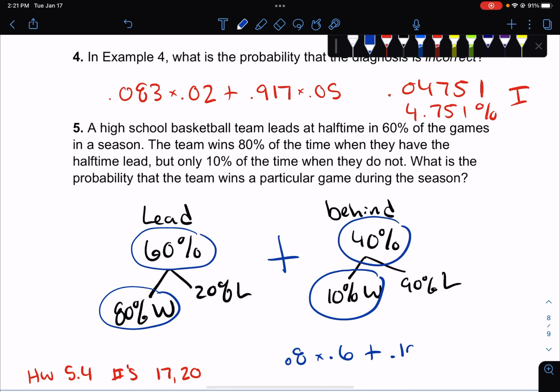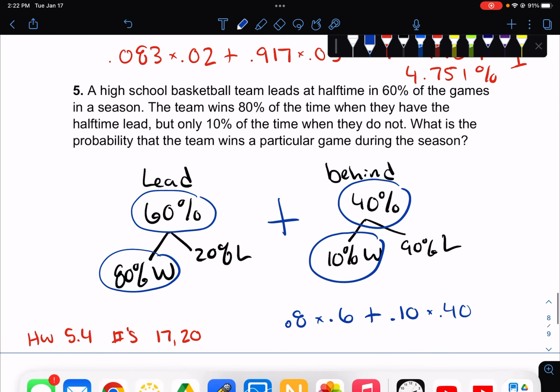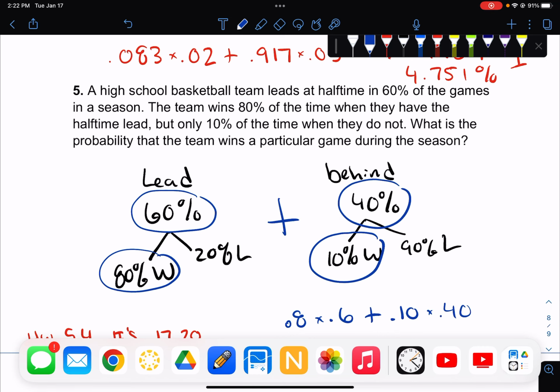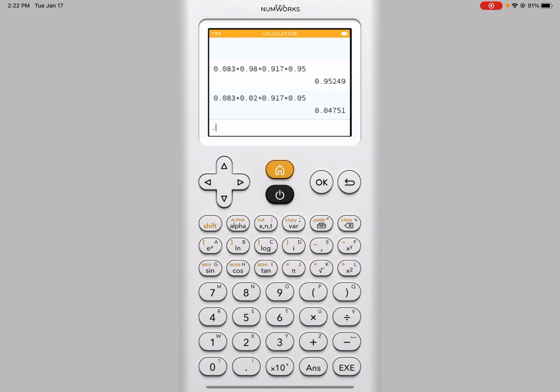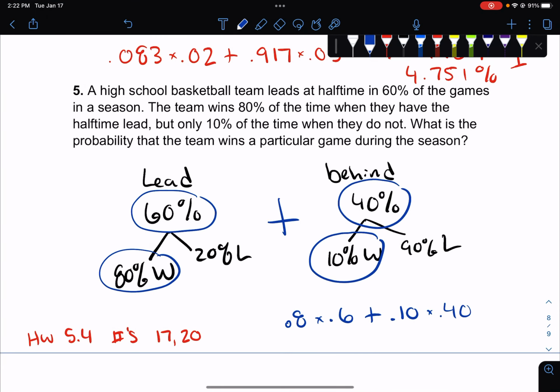So I need to multiply these together, 0.8 times 0.6, and then add 0.10 times 0.4. So that means they are going to win 52% of their games, or a probability of 0.52, whichever way you want to use it, percents or probabilities, okay?